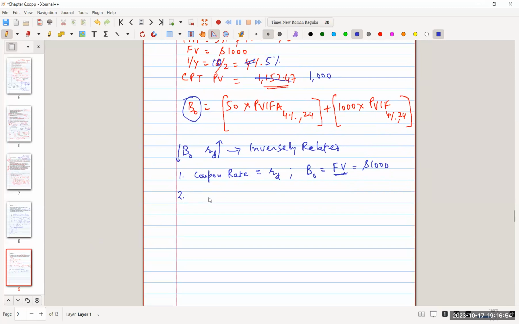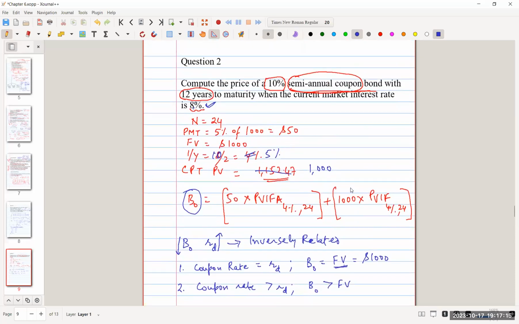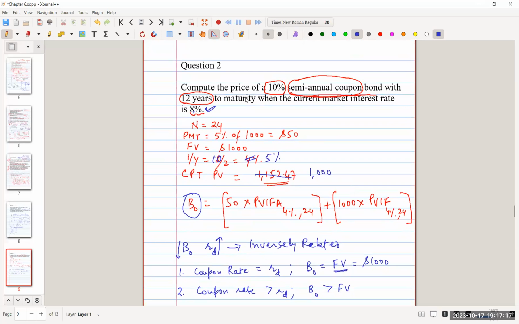Second, if the coupon rate is greater than the market rate, then the price of the bond will be greater than its face value. Did you observe that in the question that you just solved? Coupon rate here is 10%.